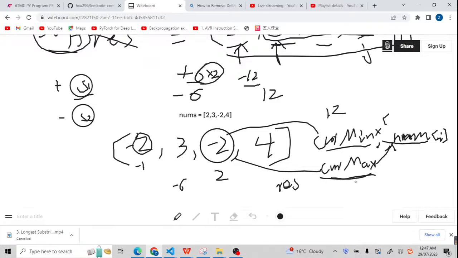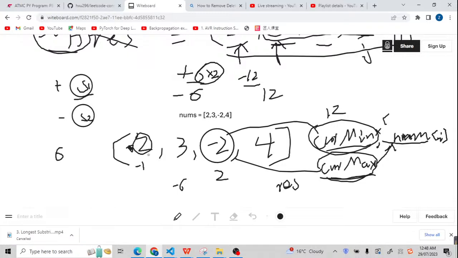So basically, we need to check two conditions. One condition is what is the current minimum before this number. What is the current maximum before this minus 2? For example, take the array positive 2, 3, minus 2. What is the maximum? The current maximum is 6.